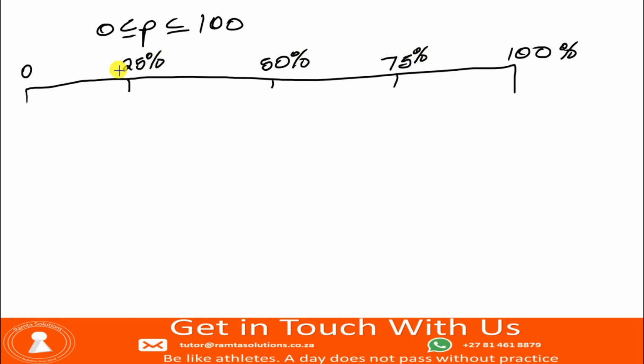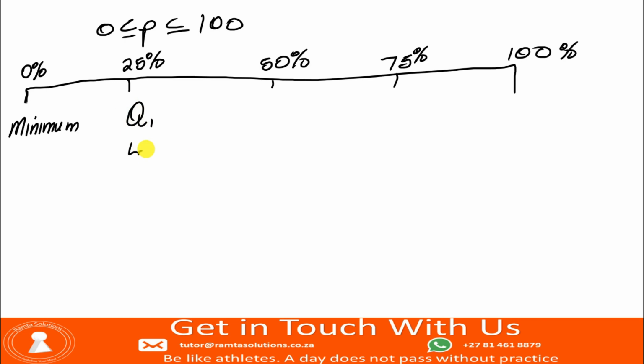Now, you need to be careful. The 0th percentile is what we call the minimum. The 25th percentile is what we call the lower quartile.